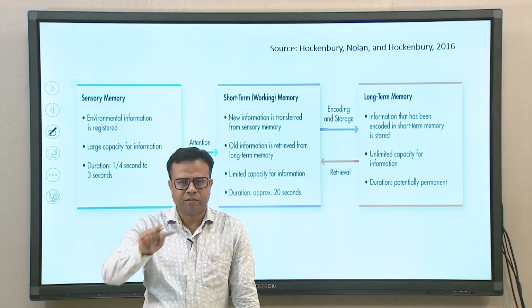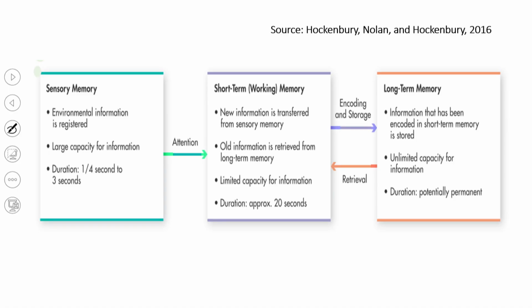If you see this model in a very general sense, there are three types of memory, three stages in which information is processed when we store or retrieve information. In terms of storing information, it starts with something called sensory memory. This is the memory that is captured by our sense organs.